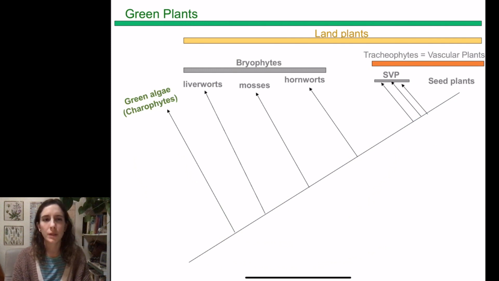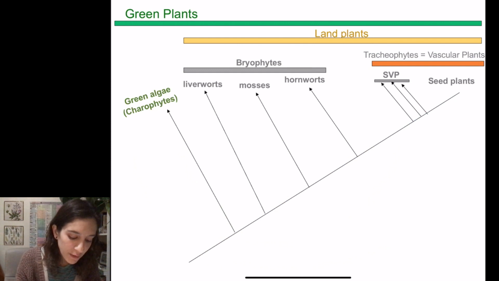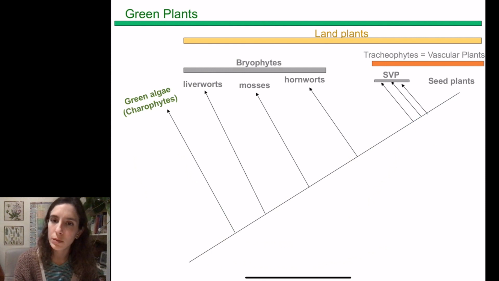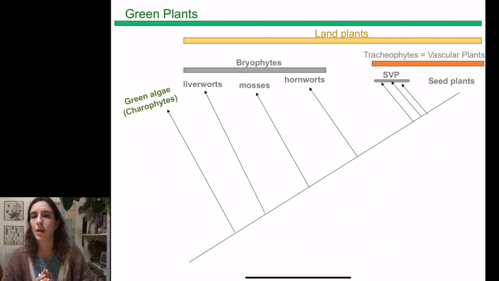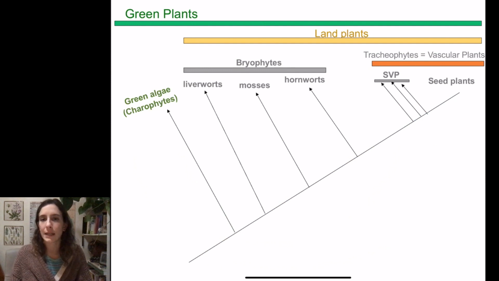We hadn't really talked about this relationship between these 3 taxa earlier. But like I said, the liverworts are a monophyletic group in and of themselves. There's a couple hundred or maybe a couple thousand species of liverworts. Same thing with mosses, many species, and they're all a monophyletic group.